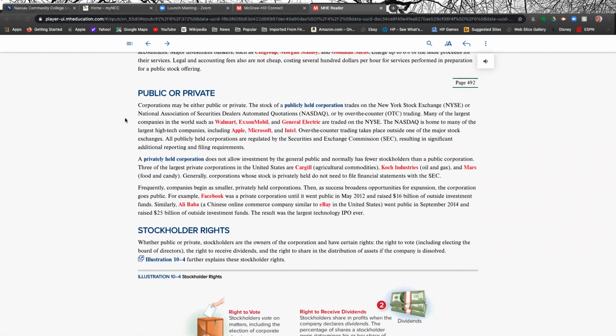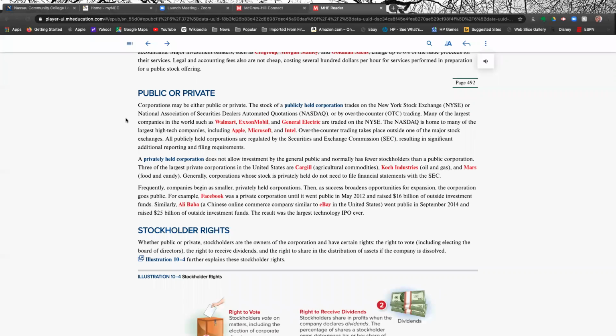Okay, let's talk about this for a second. Public or private. Now, who owns the stock in the corporation? If it's a private corporation, that's just ordinary people for the most part. Corporations can be very large and they can also be very small. The smaller ones tend to be privately held. The bigger ones are publicly held. In other words, a public corporation has their stock trade on one of the exchanges.